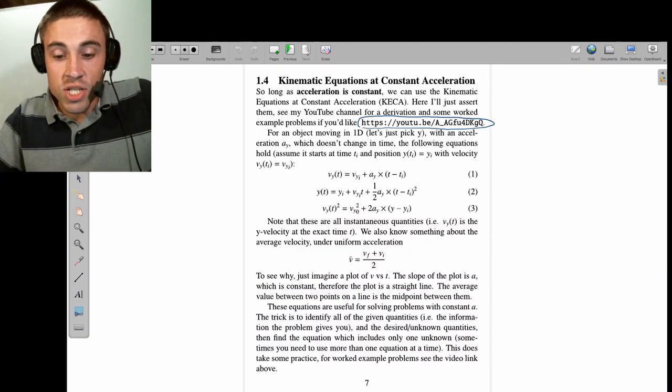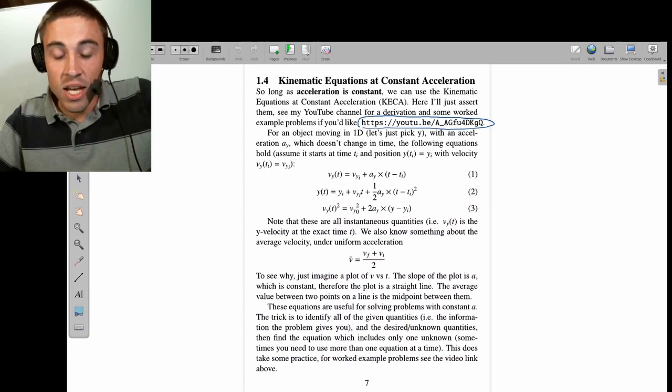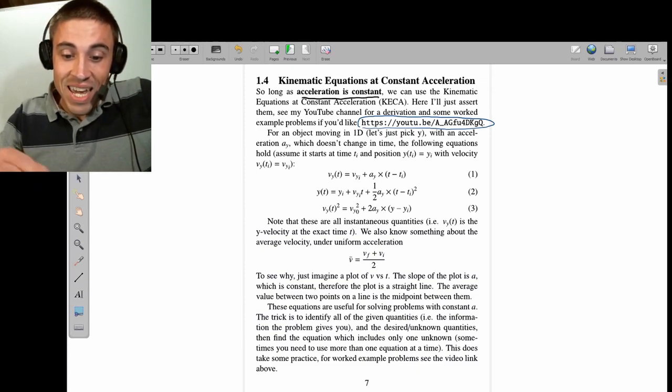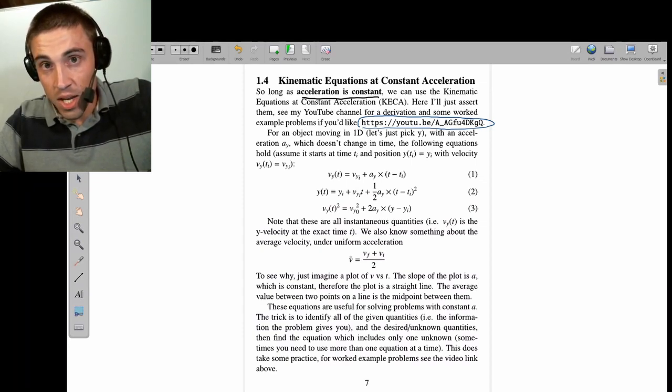Finally, just want to say something quick about the kinematic equations at constant acceleration, or the KECA. These are important. We use them a lot, but we can only use them when acceleration is constant. And this is something you really need to keep in mind because chances are, if you have taken a physics course before, it probably wasn't a calculus-based physics class, and in a non-calculus-based physics class, you only handle cases where acceleration is constant, and therefore these equations always apply.